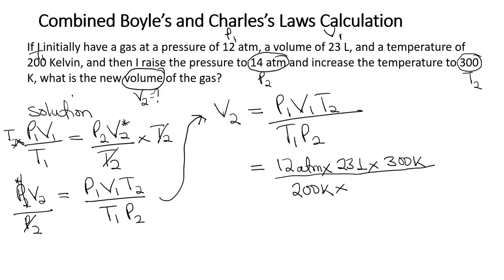And P2 is 14 atmospheres. So my answer will be given in liters because the atmosphere here cancels the atmosphere. The Kelvin cancels with this Kelvin. And to one significant figure, my answer is 30 liters. So that is my volume.